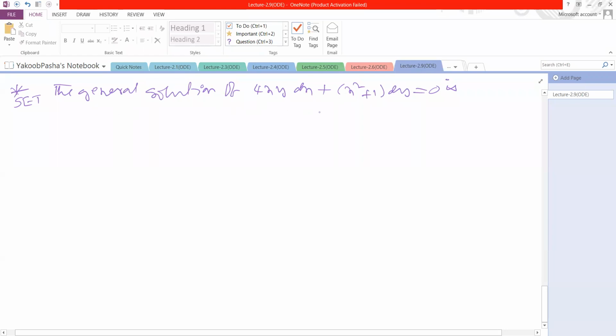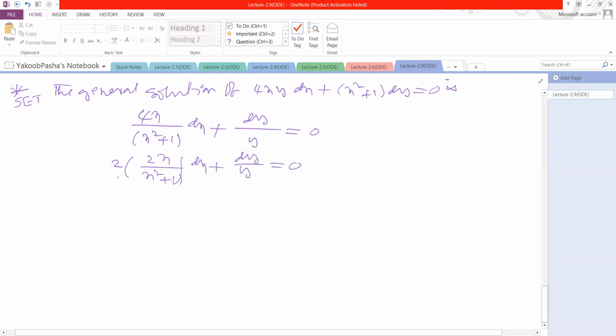So first I am dividing here, we can write this as 4x divided by x square plus 1 into dx plus dy divided by y is equal to 0. Okay. This can be written as 2 times of 2x by x square plus 1 dx plus dy by y is equal to 0. By integration, we get a derivative of x square plus 1 is 2x.